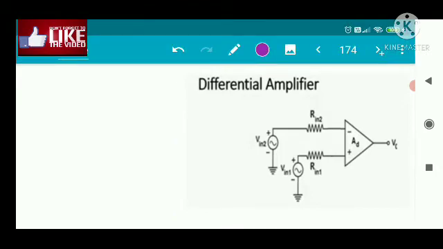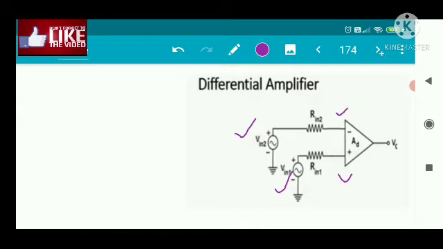Now you can see in this diagram, these are the two inputs of the op-amp, inverting and non-inverting. The differential amplifier, as I have said, amplifies the difference between the two voltages. The two voltages here are Vin1 and Vin2. No input current can always be assumed.